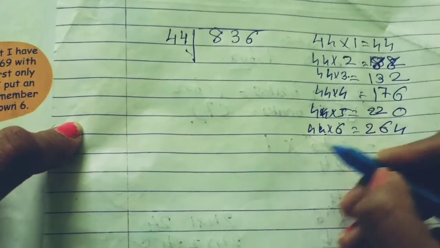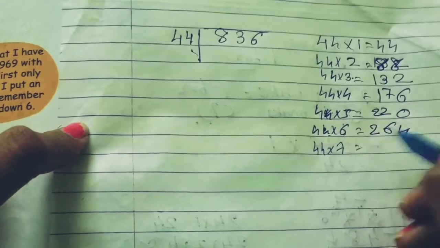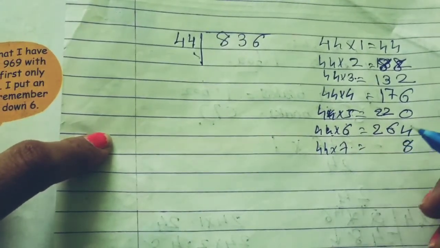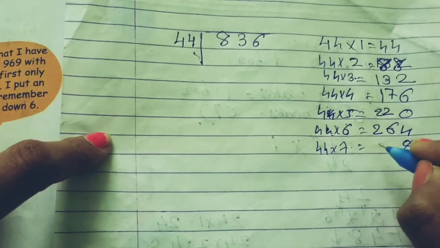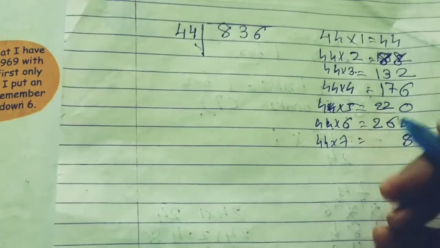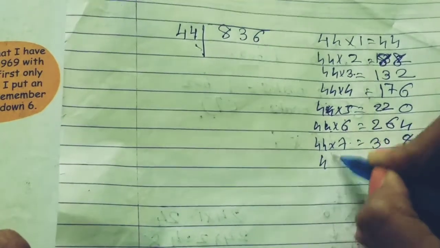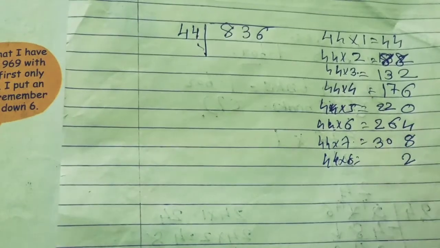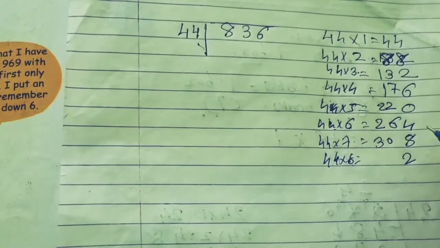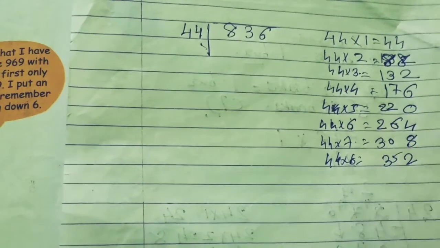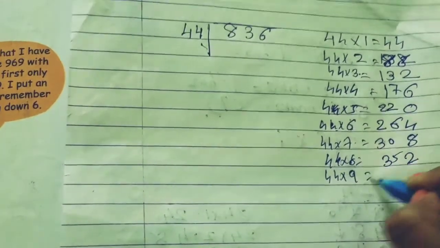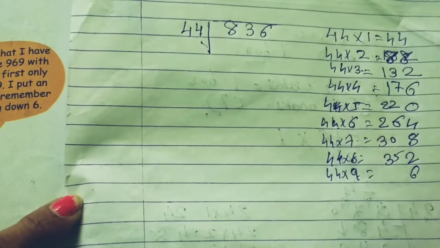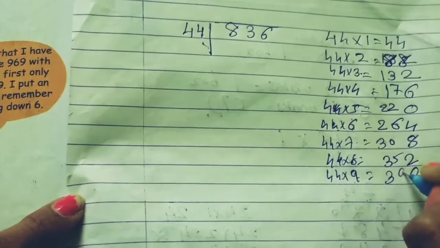Then 44 7s are, 7 4s are 28, 28 plus 2, 29 and 30. 44 8s are, 8 4s are 32 and 32 plus 3, 33, 34 and 35. 44 9s are, 9 4s are 36, 36 plus 3, 37, 38 and 39.